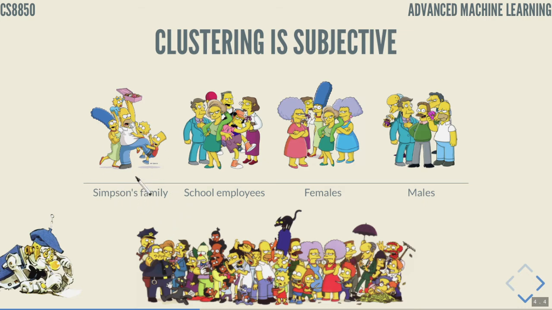We can extract the grouping of Simpsons family, or school employees, or females, or males. And as you see, in the group of females and school employees, the same people can make it into both groups and into many groups.